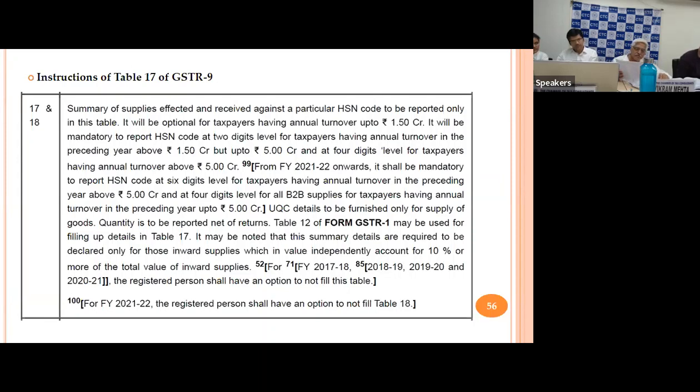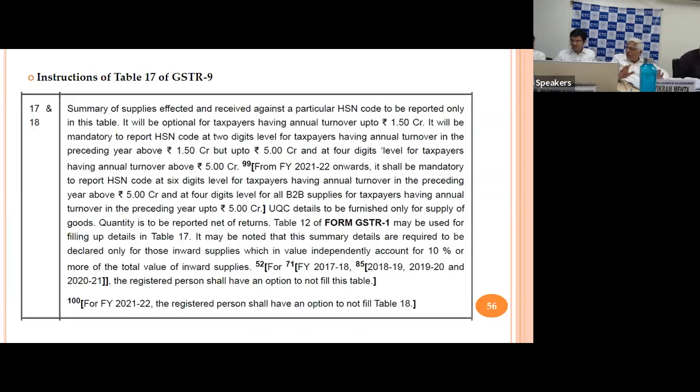Yes, for goods, at least, there could be some quantity disclosures. That's what we have said for services. For normal taxable services, you write UQC as NA. That's okay. So the question is, for exempt supplies, whether this HSN has the rules which are exempt. We can't leave that aside.